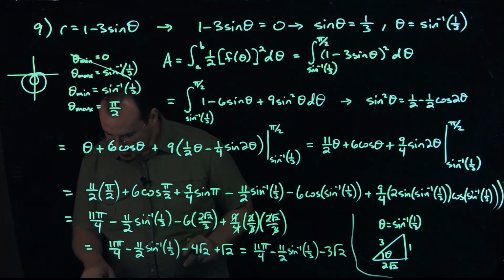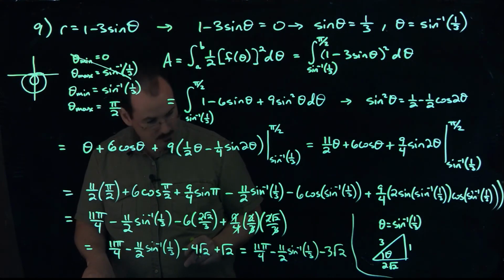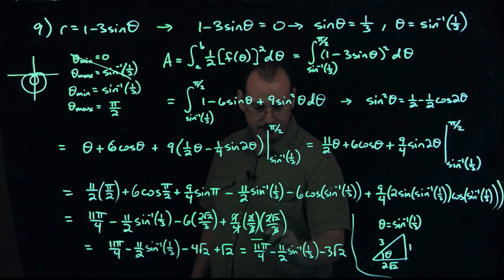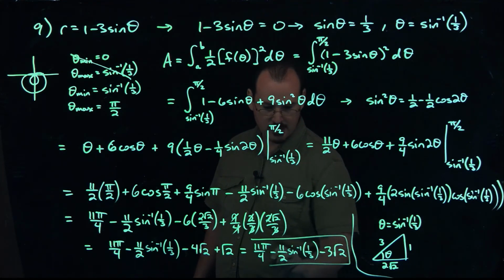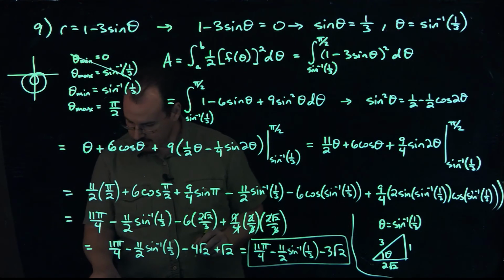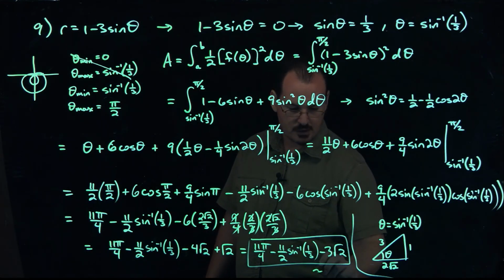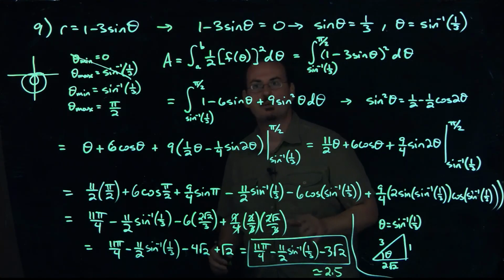Let's make sure that that's the same answer that we have here. Minus 3 root 2, negative 11 halves inverse sine, yep, so there we go. And if you approximate this, you get the answer that we have on the practice exam, about 2.5. Okay, so kind of a difficult problem.